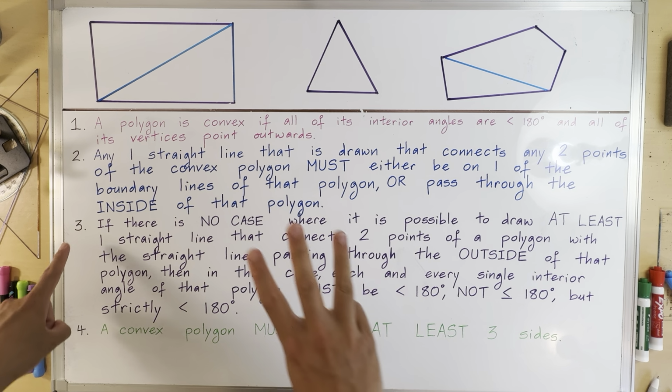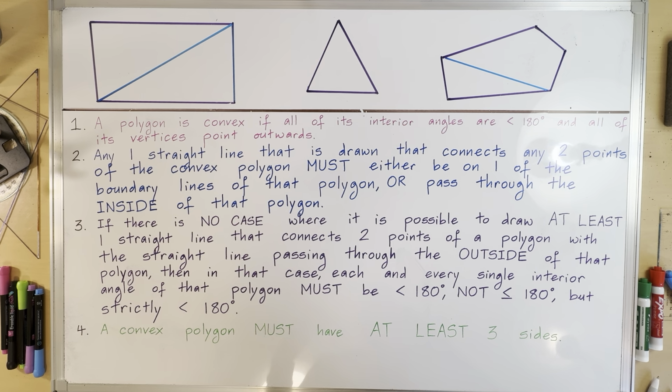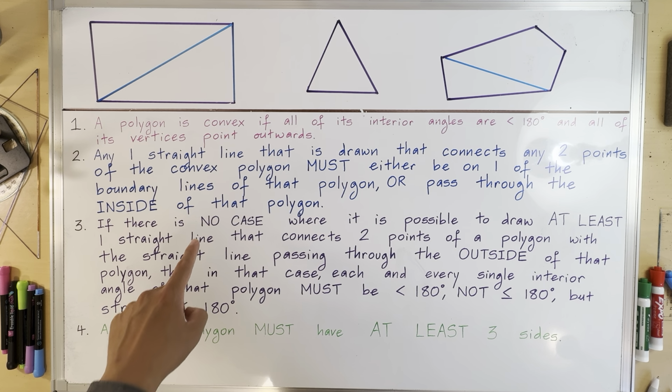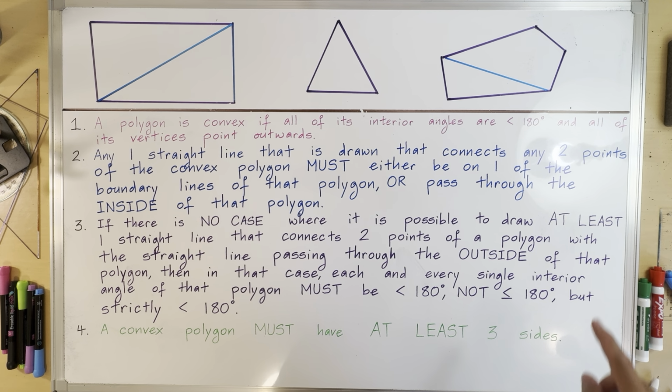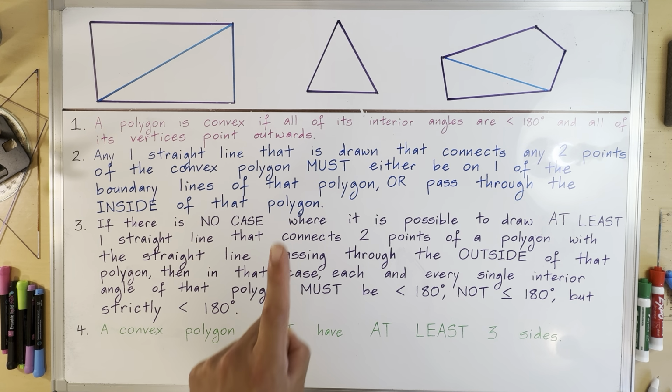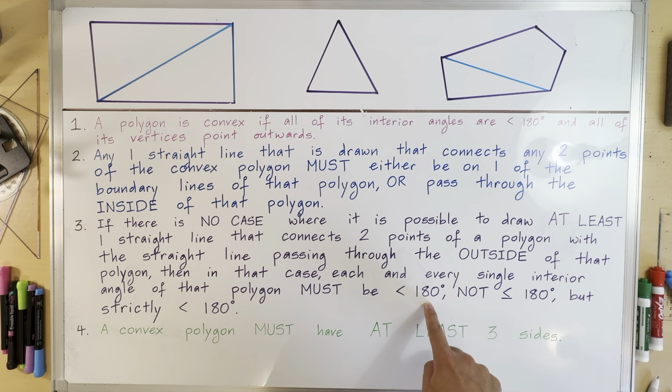Now let us read the third statement. If there is no case where it is possible to draw at least one straight line that connects 2 points of a polygon with the straight line passing through the outside of that polygon, then in that case, each and every single interior angle of that polygon must be less than 180 degrees.